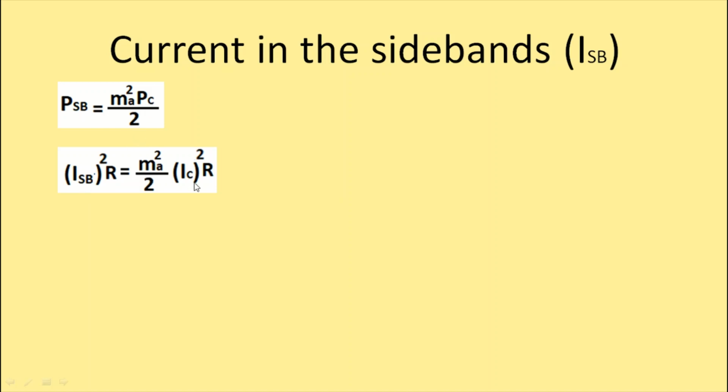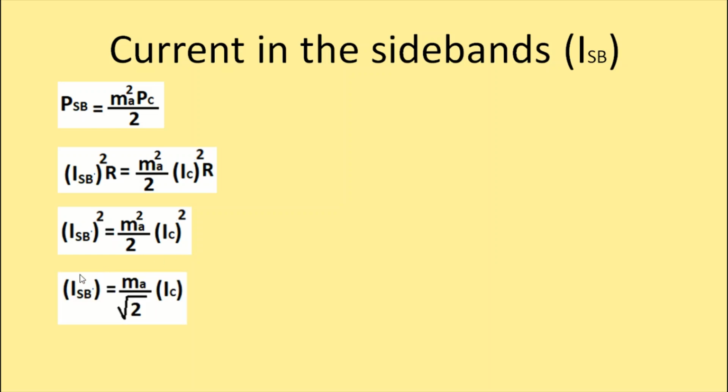And here PC is represented as IC square into R, where IC is the carrier current. PC is the carrier power, IC is the carrier current. Again, considering the antenna resistance to be the same at the transmission end and the receiving end, I strike out the R's here. So what I get is ISB square is equal to MA square by 2 into IC square, or ISB is equal to MA into IC by root 2. Again, another important equation that you will be using for your problems.